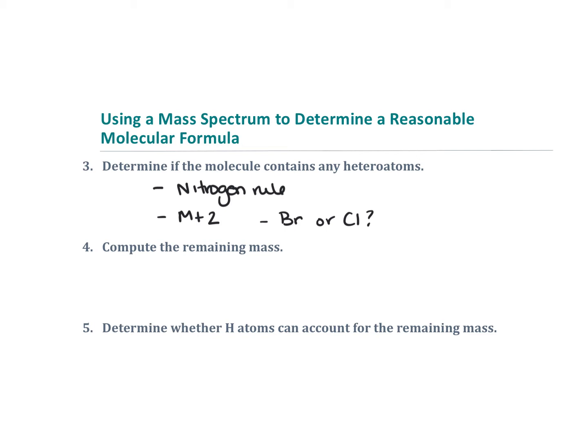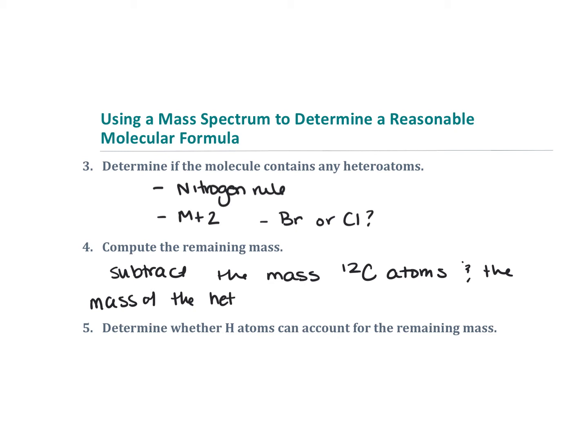The next step is to compute the remaining mass. And the way you do this is you subtract the mass of the carbon atoms that you determined in step 2 and the mass of the heteroatoms that you determined in step 3 from the molar mass, or the molecular weight.